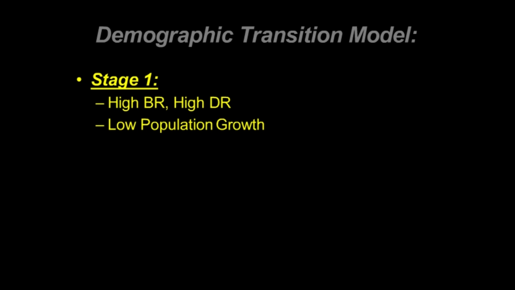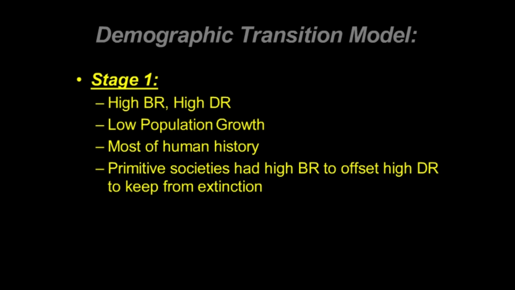Now I'll give a more nuanced description of each of the different stages. As I stated, stage 1: high birth rates, high death rates, thus low population growth. If we look at human history, most of it we have been in stage 1. The idea here is that primitive societies, because they had high infant mortality rates and very low life expectancies, to offset the high death rates, families would have high birth rates.